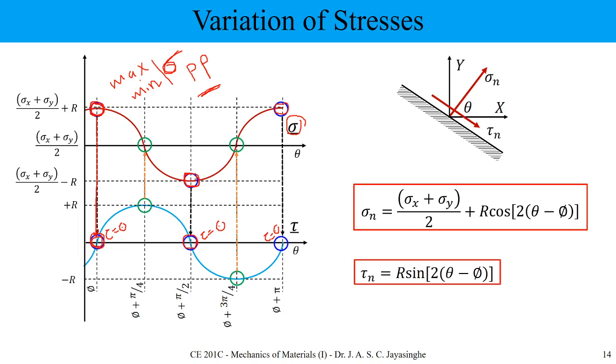Here we can see two principal stresses, the maximum, which we call the major, and the minimum, the minor principal stress. The major principal stress we are going to call sigma 1 and the minor principal stress sigma 2. If we rotate our system by φ, we can see the first principal stress, or major principal stress.